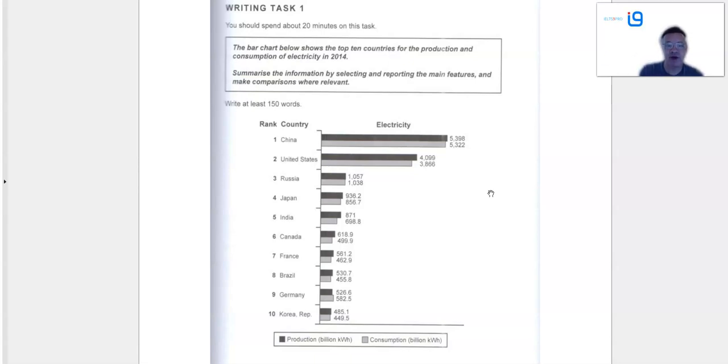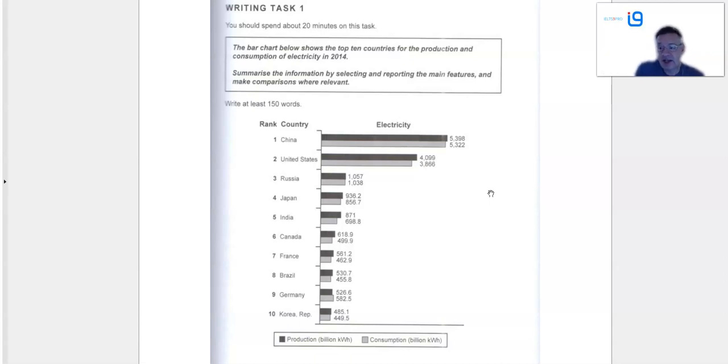You simply paraphrase: the chart illustrates the rankings of countries for electricity consumption and production in 2014, or something. That's pretty straightforward. What's going to get you some good points is the overview.